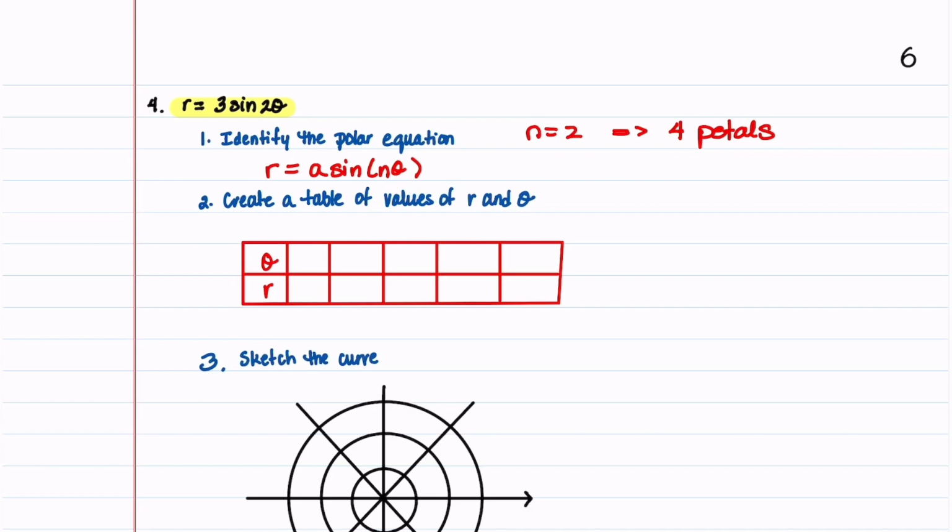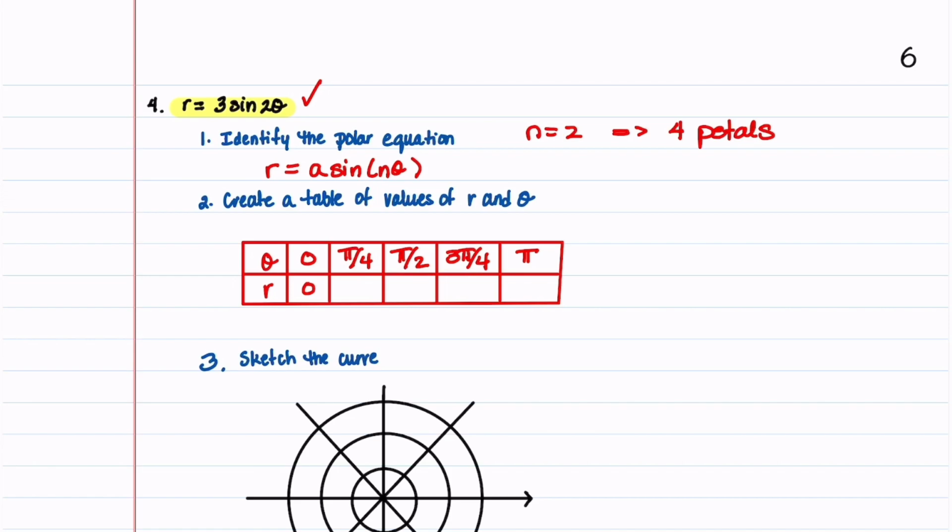Let's let theta go from 0 to pi so we can trace out 2 petals. Theta starts at 0, goes to pi, and then in between it takes on the value pi over 4, pi over 2, and then 3 pi over 4. We're looking at this equation right up here. When theta is 0, sine is 0, so it starts at 0.